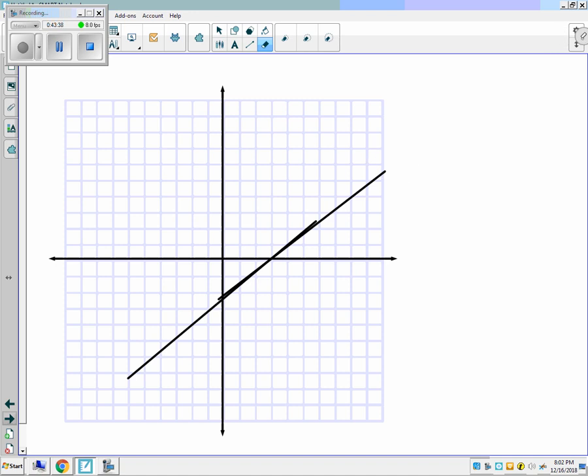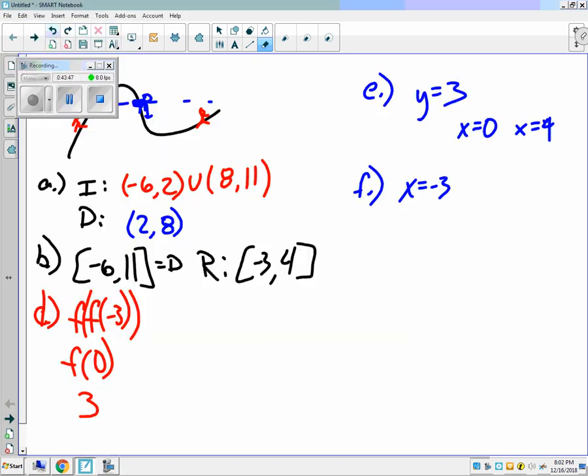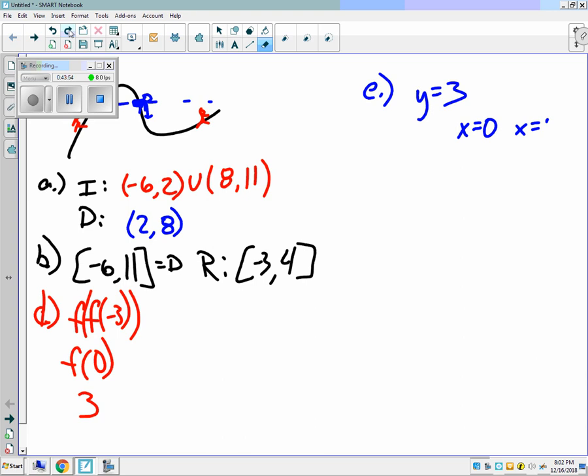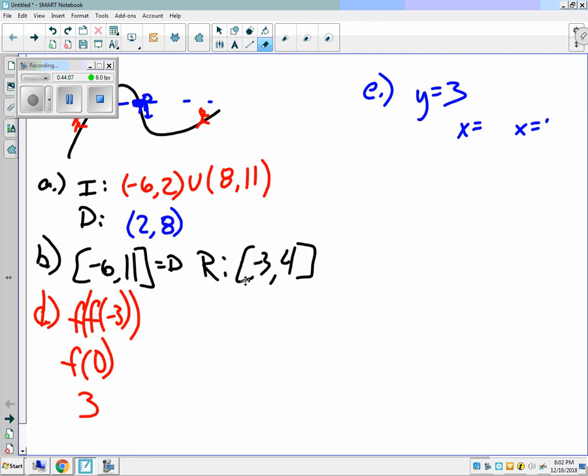How do I get rid of these? Like a back button? Is there like an eraser? A back button would be good. Oh, geez, that's good. There we go. Whoa, redo. What'd you do?